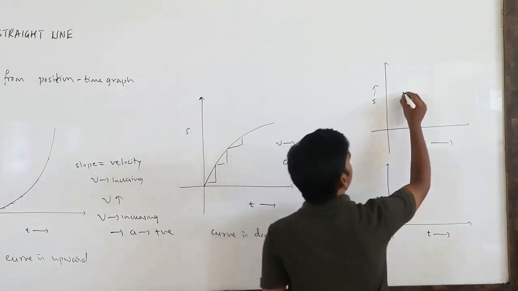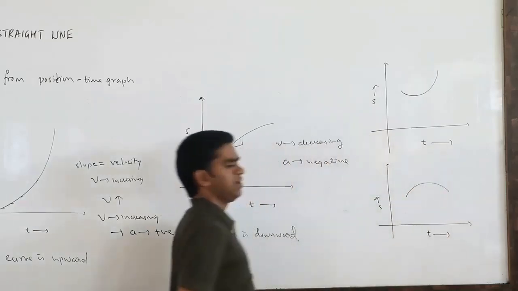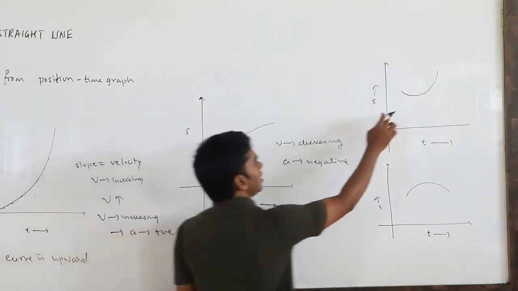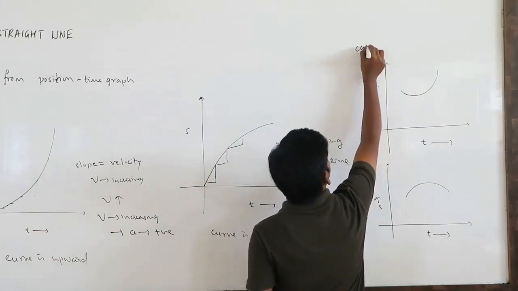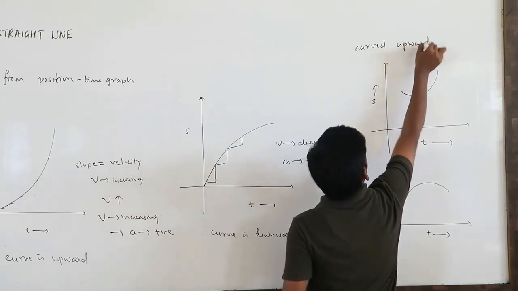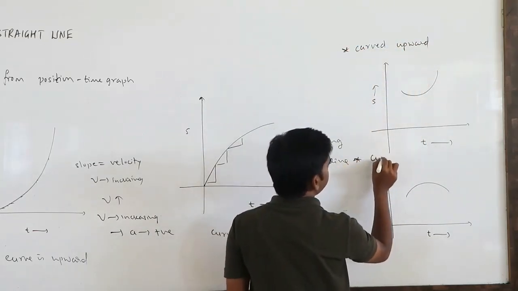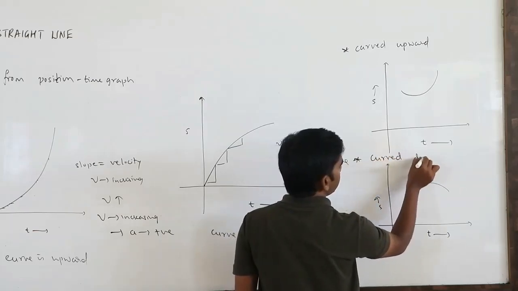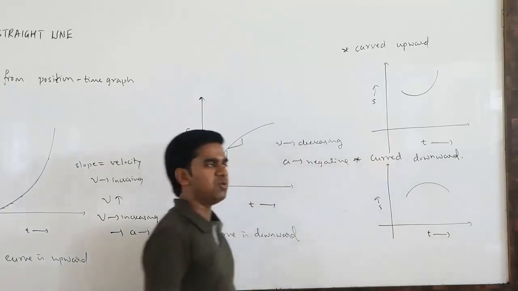So one graph you can see like this, and another graph like this. This graph is curved upward. Here the graph is curved downward.